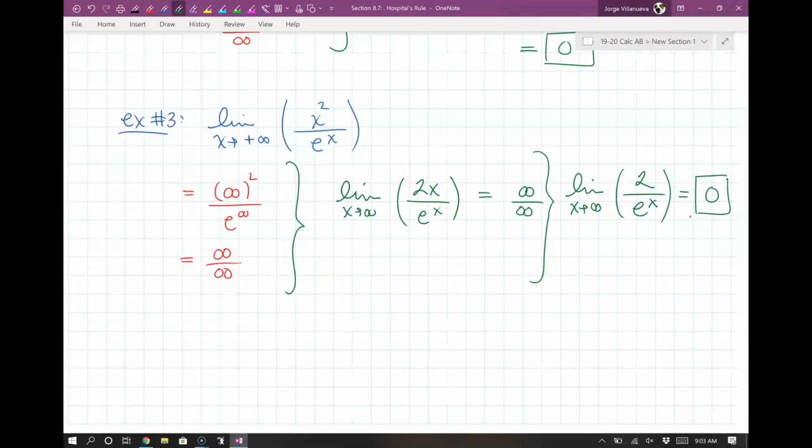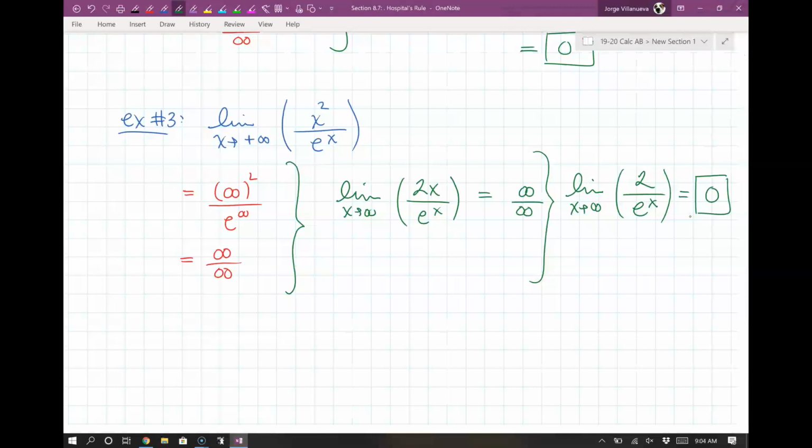Now, if it didn't work at this point, then you do it again, and you keep doing it until eventually you find a solution. Okay, so this is what you do instead of plugging in numbers, instead of making these tables and things like that. You're going to apply this rule to make sure that you can find a solution without having to go through all that trouble.